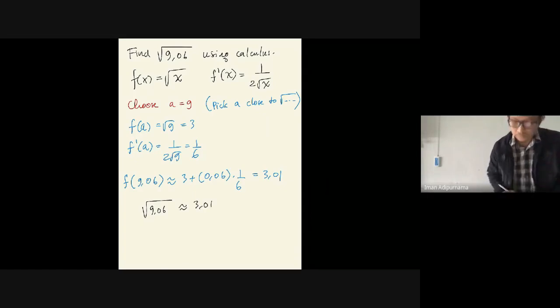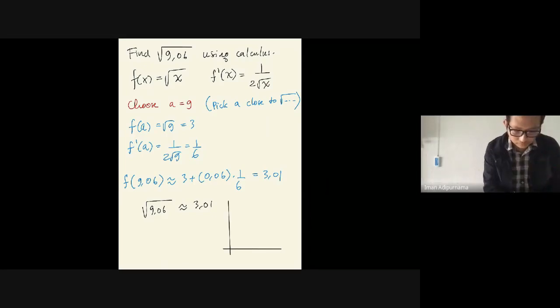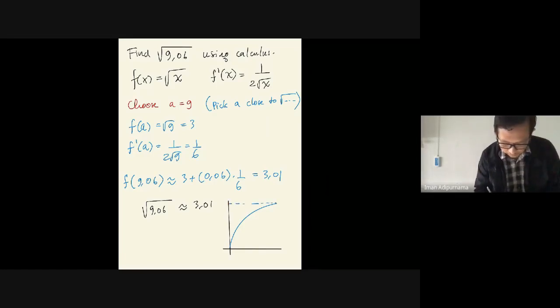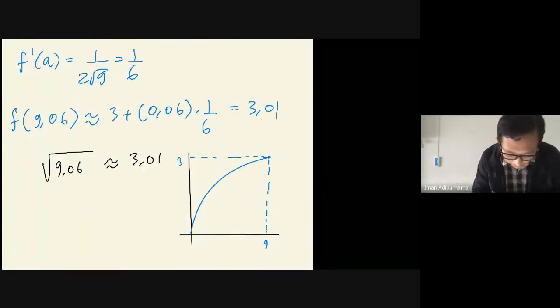So what really happened here? Let's say this is the graph of the square root of x. This is 9 and this is 3. It's bad, right? But let me just write 9 and 3, and this is the square root of x. And 0.06 from 9, I will write maybe here.